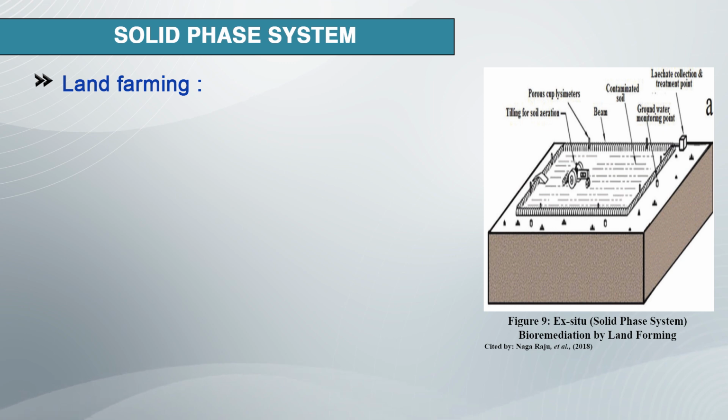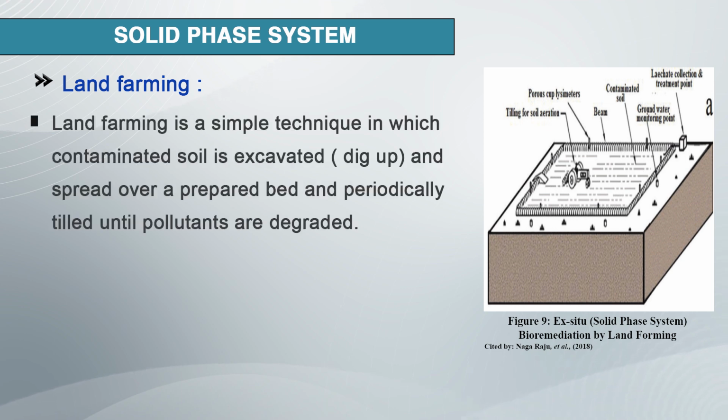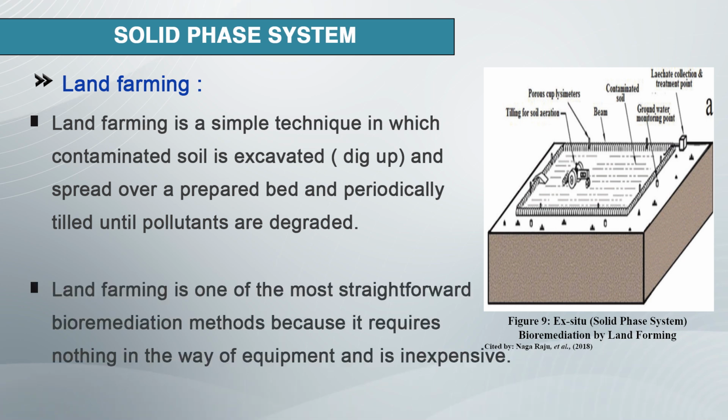Solid phase system is divided into four parts. First one is land farming. Land farming is a simple technique in which contaminated soil is excavated, spread over a prepared bed, and periodically tilled until pollutants are degraded. It is one of the most straightforward bioremediation methods because it requires nothing in the way of equipment and is inexpensive.